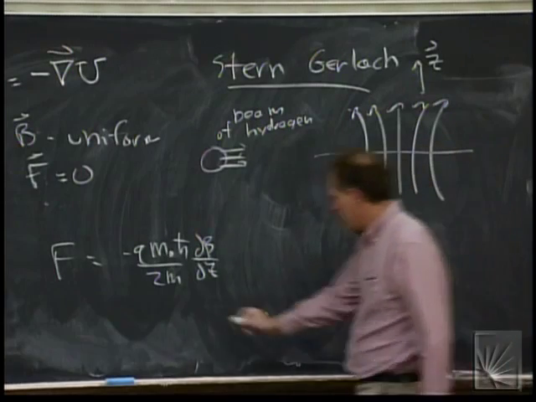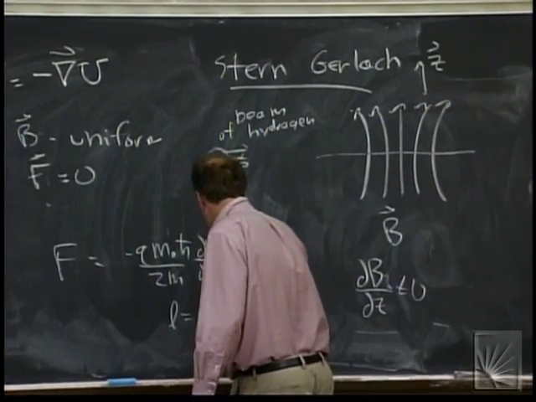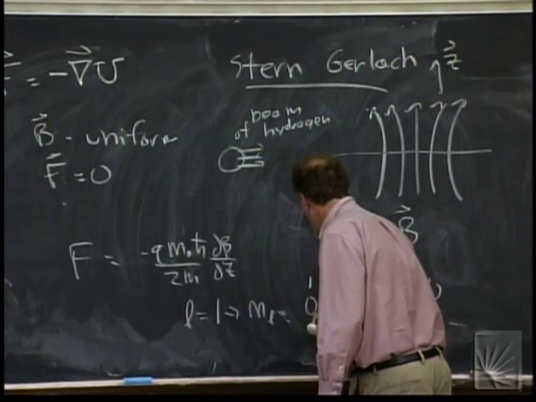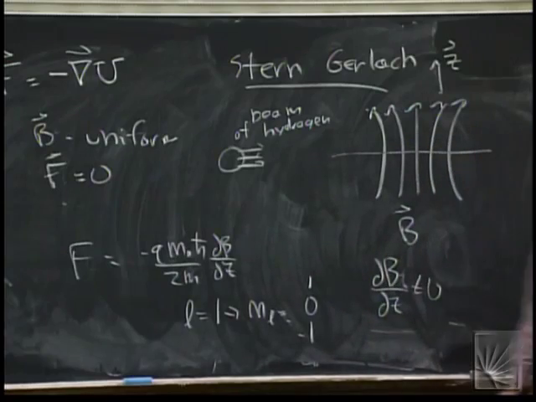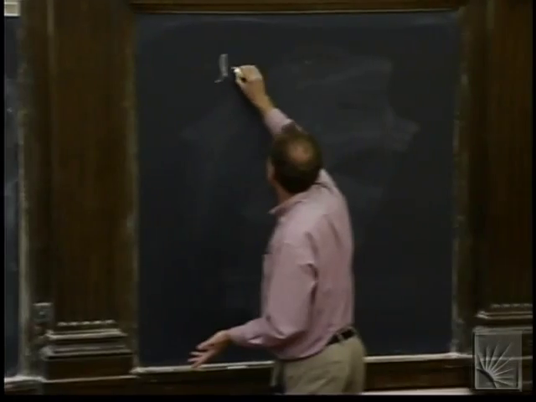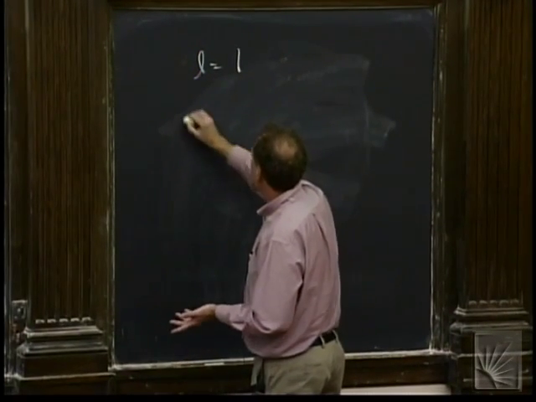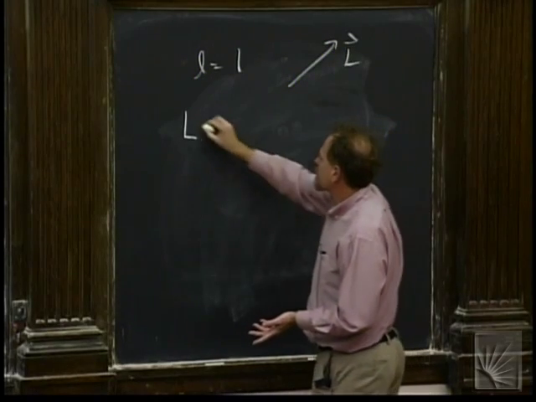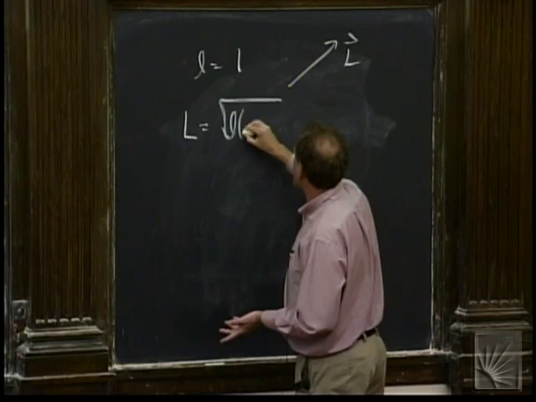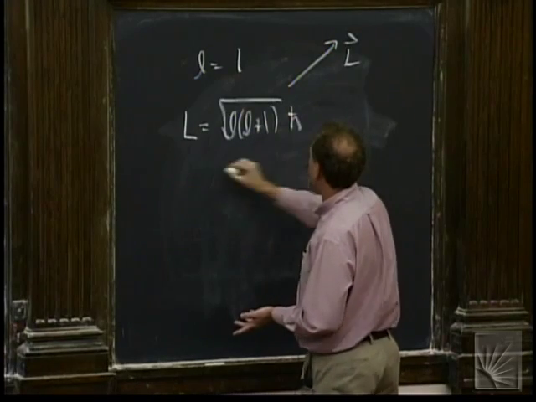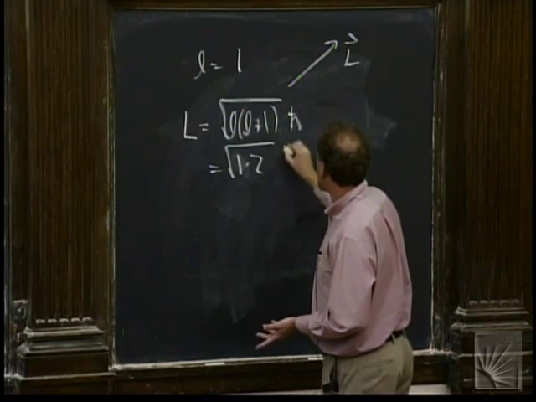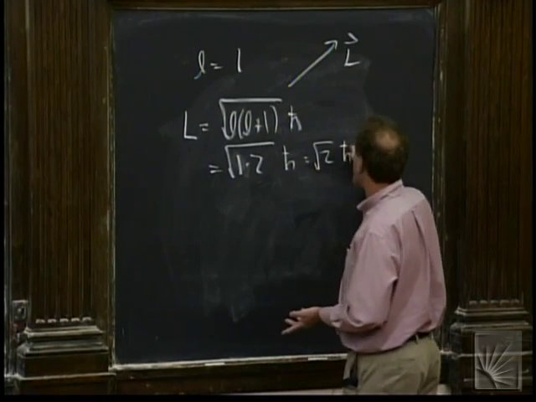But so for instance, if I have the L equals 1 state, remember what our rules were. M sub L is 1, 0, or minus 1. And just as a reminder, what am I talking about? I'm saying if I have L equals 1, that the angular momentum vector has a magnitude which is the square root of L times L plus 1 times h bar, which would be 1 times 2 h bar equals root 2 h bar.